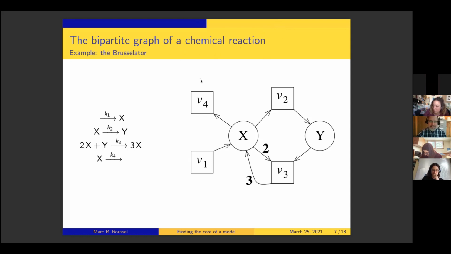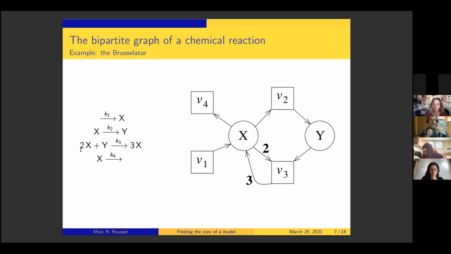Somebody said that in chemical reaction network theory, the graph is a bipartite graph. That's right. In the classic chemical reaction network theory, they have these things called complexes. So for example, 2X plus Y would be a complex, and the theory connects up the complexes.